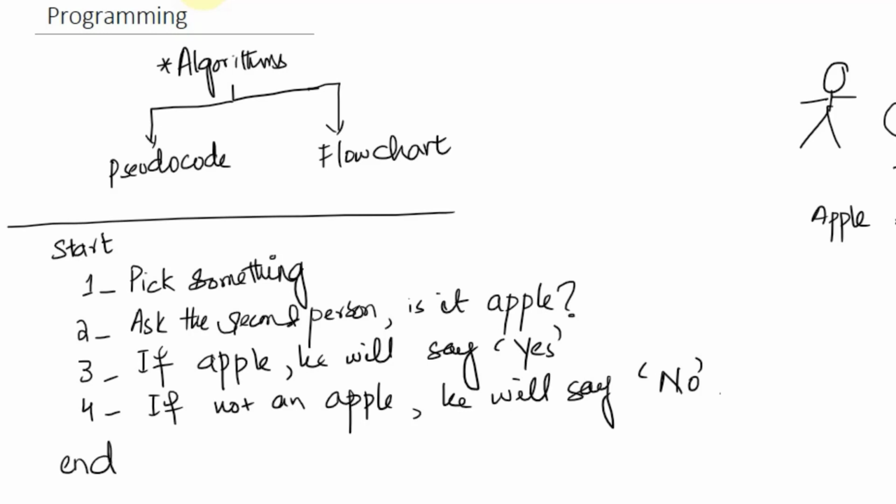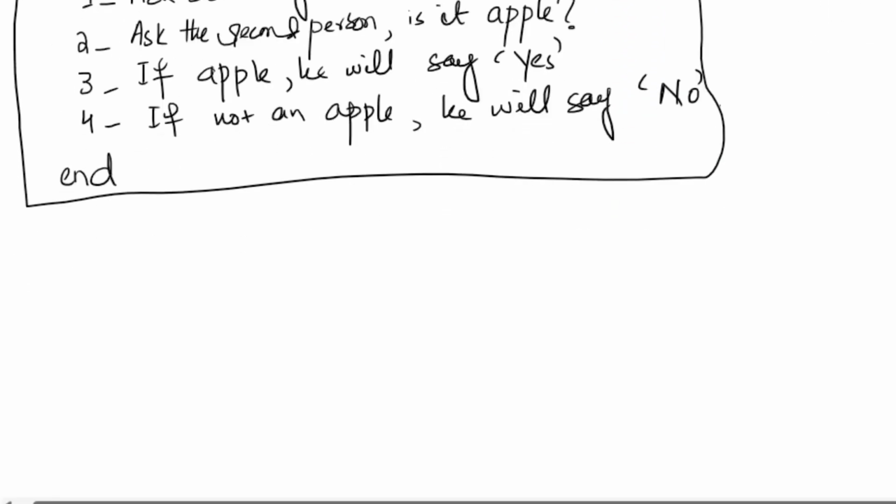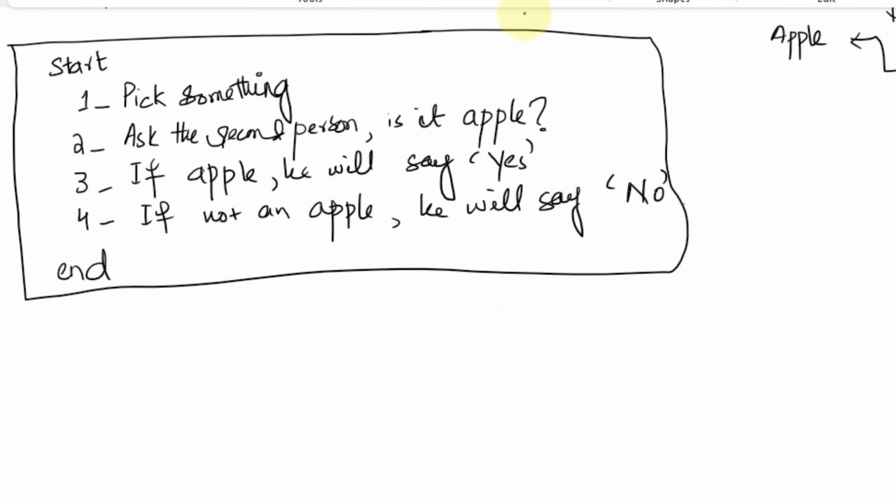So this is basically our example in which a person asks someone whether something he has picked is an apple or not. What will we do after this? We will draw the flowchart for this example.